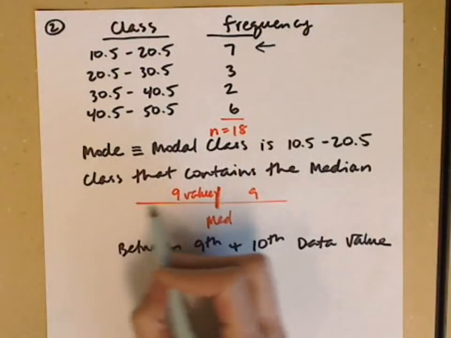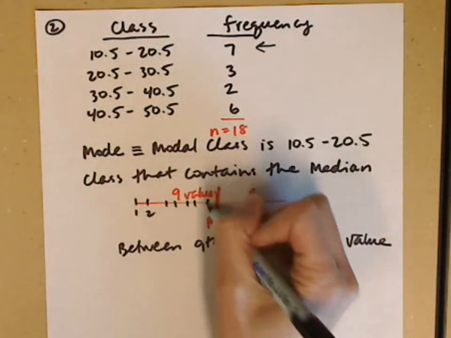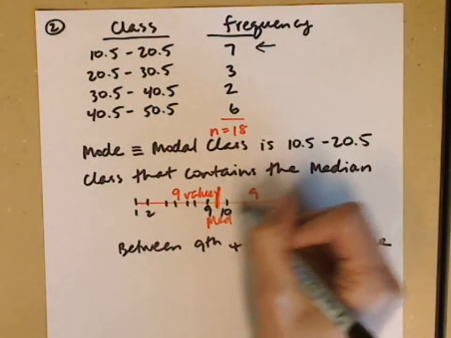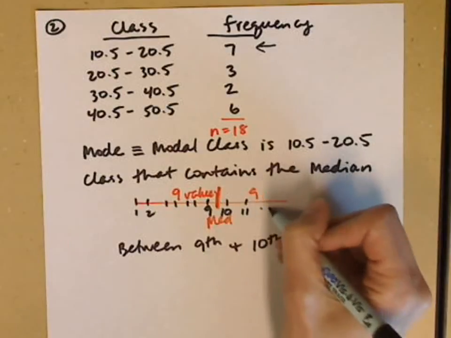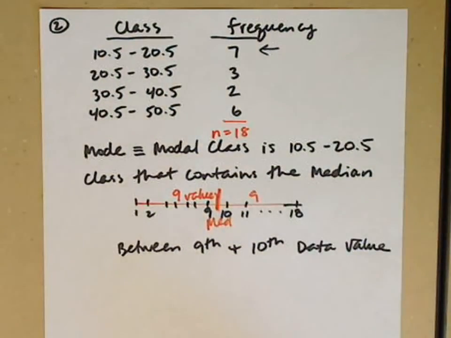So here I've got data values 1, 2, all the way up to 9. And on the other side of the median, I've got data values 10, 11, all the way up to the 18th data value. So my median lies between the 9th and the 10th data value.